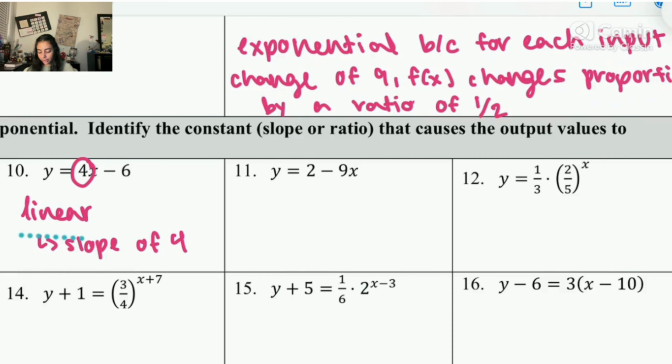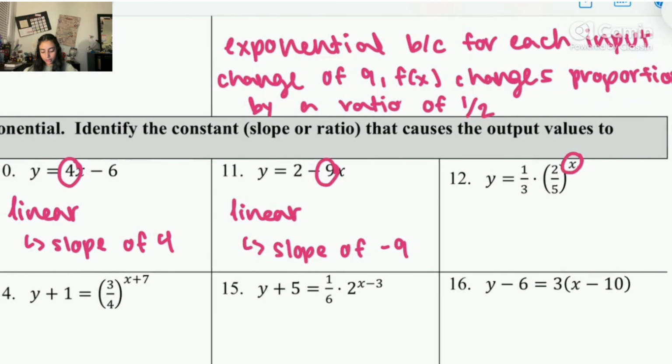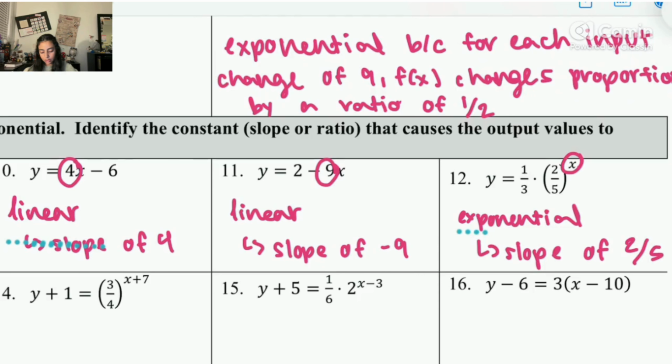Right here, we can tell it's linear again, with a slope of -9. Right here, we can tell it's exponential, and it has a ratio of 2/5 from right here.